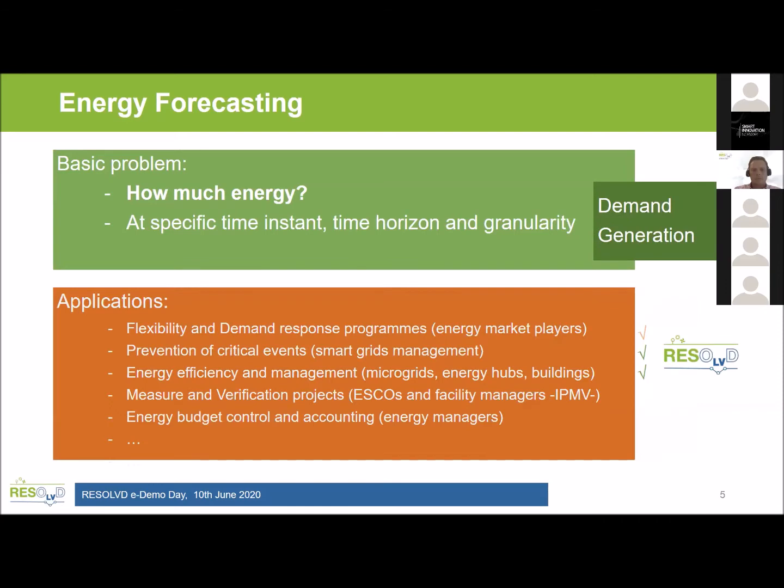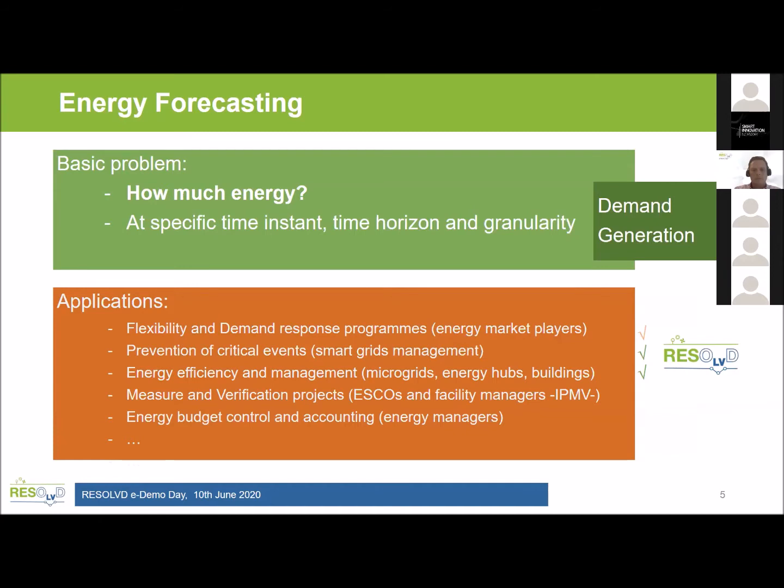So what are the applications of energy forecasting tools? There are many in the energy sector. For example, for those that are involved in demand response or flexibility programs, it's an interesting tool, since if you want to participate from a market-based point of view, it's necessary to know the capabilities of your customers.